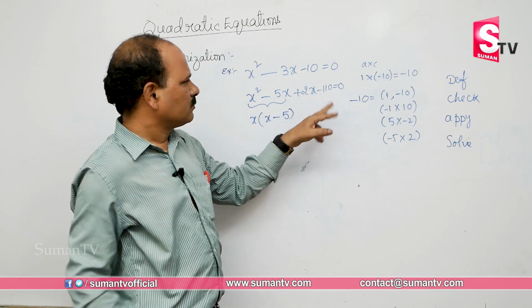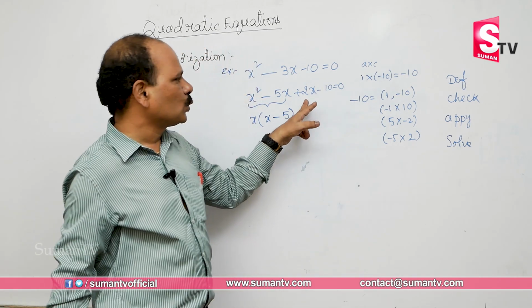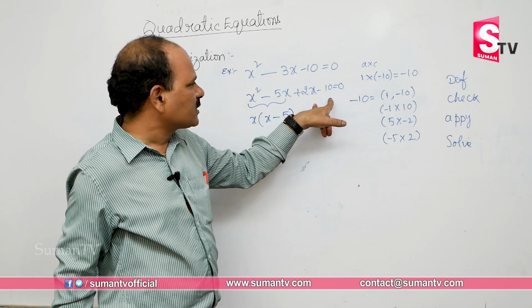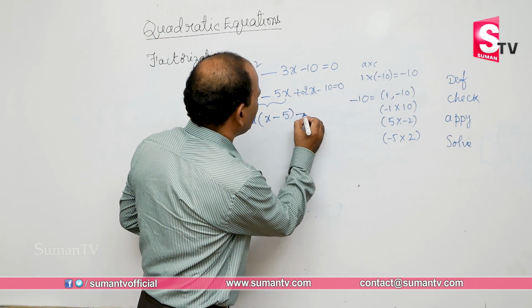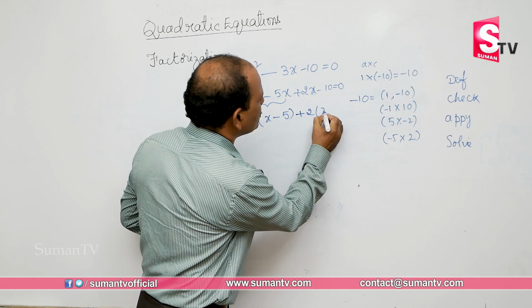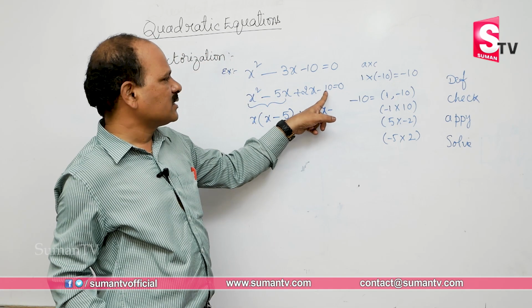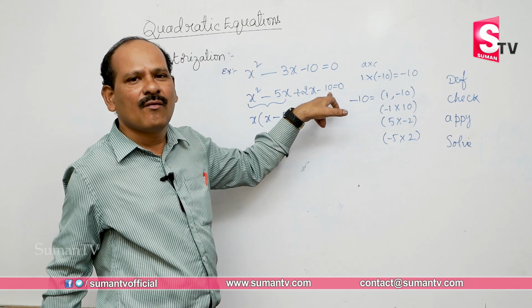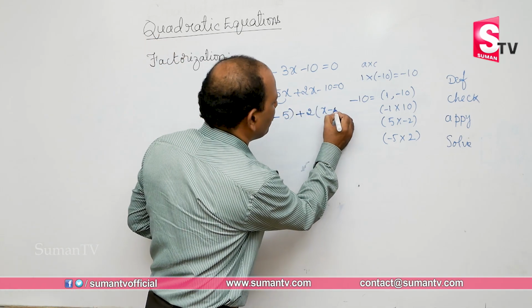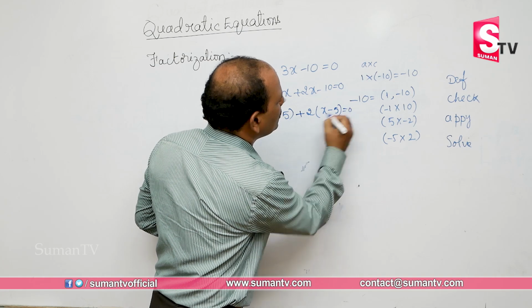From these two, 2x minus 10, I can take common 2. So, I am taking plus 2 as the common. So, x minus 5. Here from this 10 also, 2 went common. So, the remaining term is 5. Minus 5 is equal to 0.